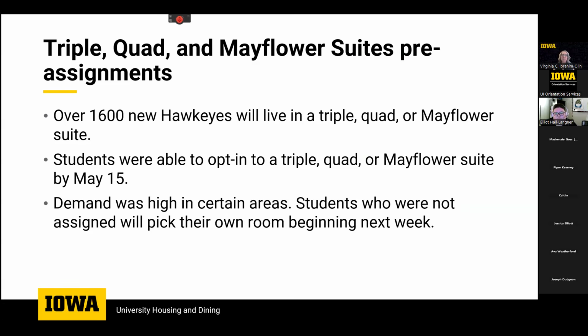And so we messaged a batch of you because we weren't able to accommodate all requests. And overwhelmingly, we had folks who were very excited about the potential of a Catlett quad. And I'm sorry that we were not able to accommodate as many of you as wanted to. But that's fine because you'll be able to pick your own rooms next week.